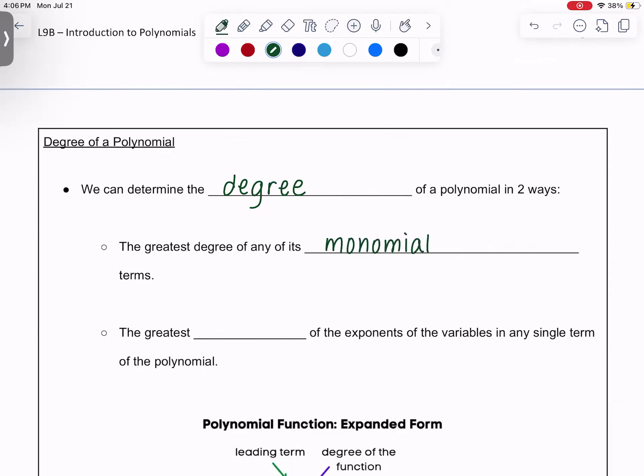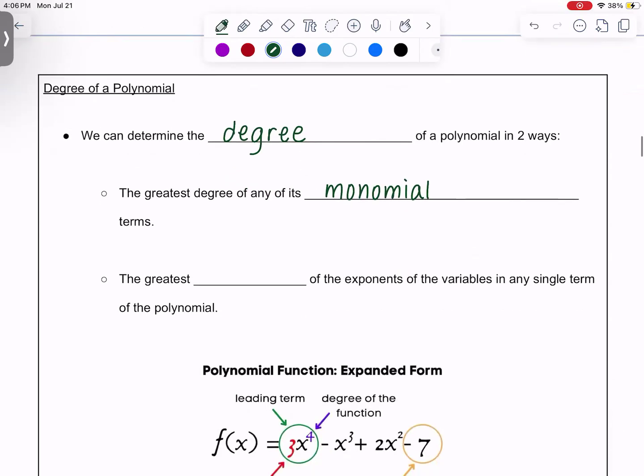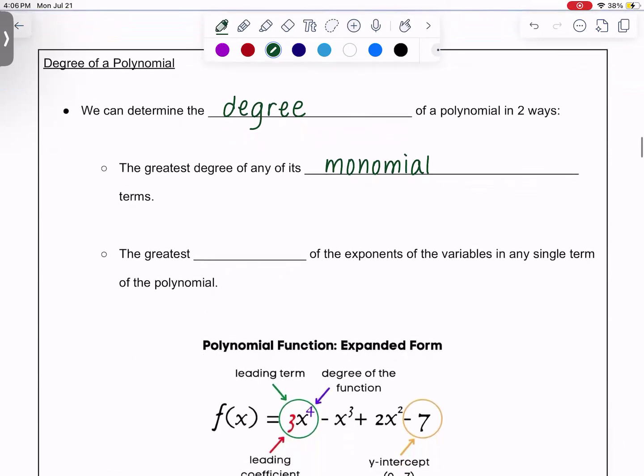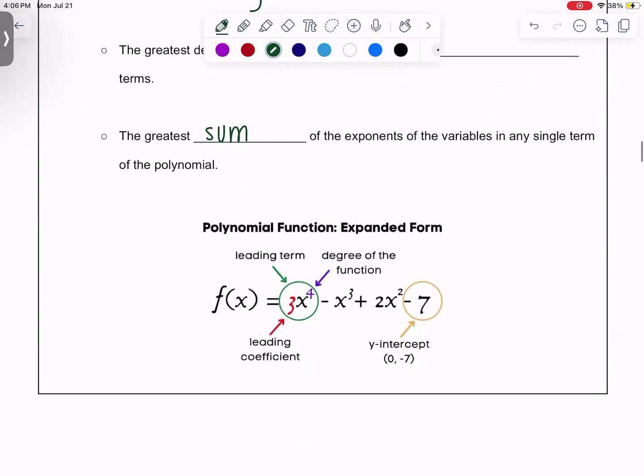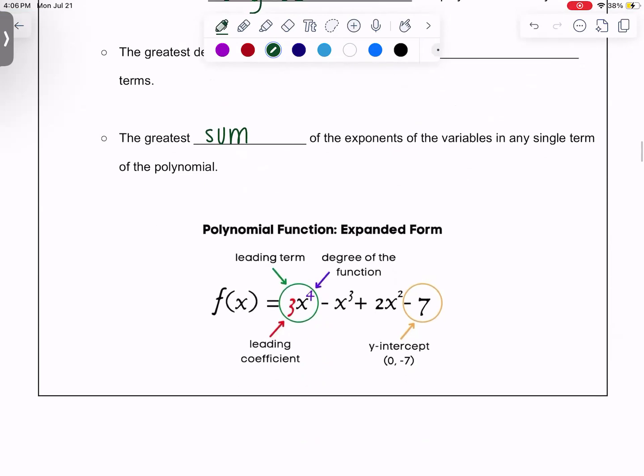So if you see just one exponent and it's the biggest one, that's the degree. But if your polynomial is a little complicated, if it has more than one variable in each monomial, you need to find the greatest sum of the exponents of the variables in any single term of the polynomial. Okay? And so here's an example.